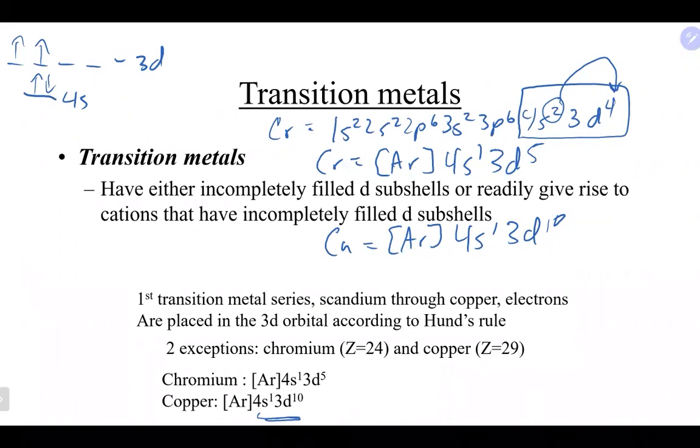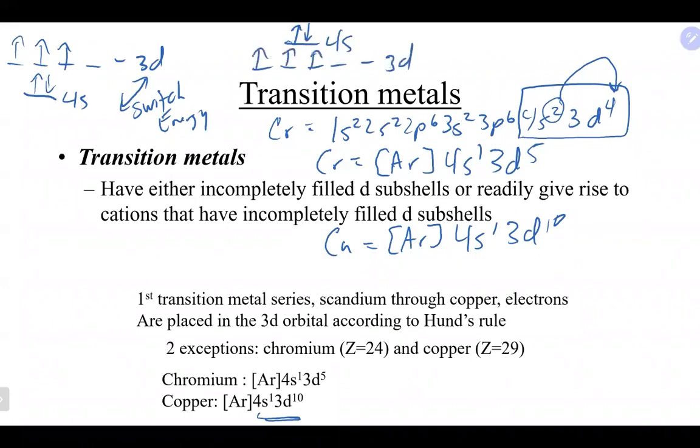The electrons go into the 4s first because it's lower in energy. Then as you start populating the d orbitals, these two switch, and you end up with the 4s electrons being higher in energy than the 3d electrons.